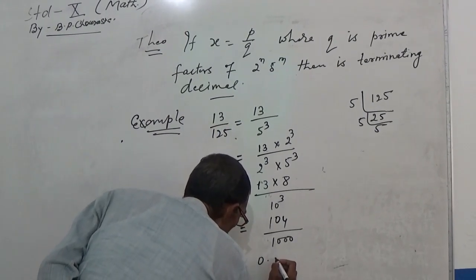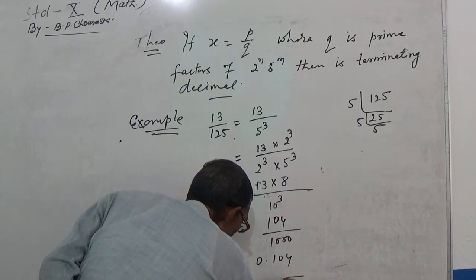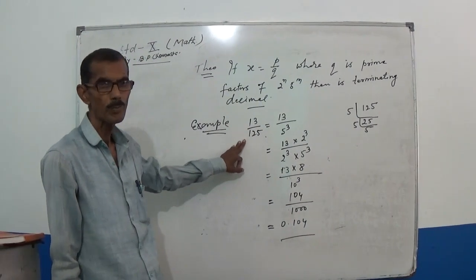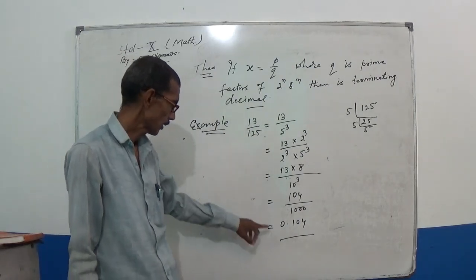The value of this is 0.104. So the value of 13 by 125 is a terminating decimal.